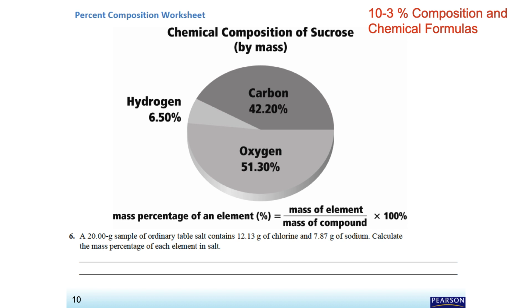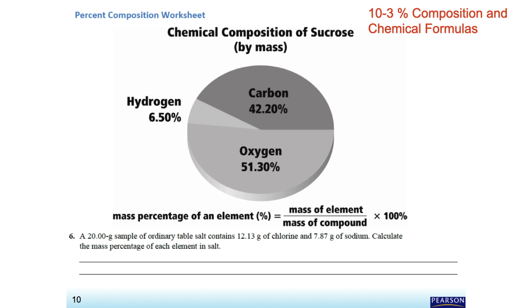A 20-gram sample of ordinary table salt contains 12.13 grams of chlorine and 7.87 grams of sodium. Calculate the mass percentage of each element in salt. So this time we're given the parts and the whole, but we're not given the formula. We're given the breakdown and the mass of the sample. So I'm going to take each of the masses of the elements divided by the mass of the sample times 100.